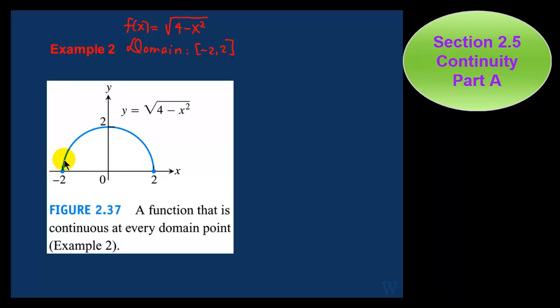I'm going through the curve and I don't lift my pen, and it ends there back at 0. So what can we say about every point here? If x equal to -2 is an endpoint, in particular a left endpoint, the limit of f of x as x approaches -2 from the right is equal to 0, which is in fact f of -2.